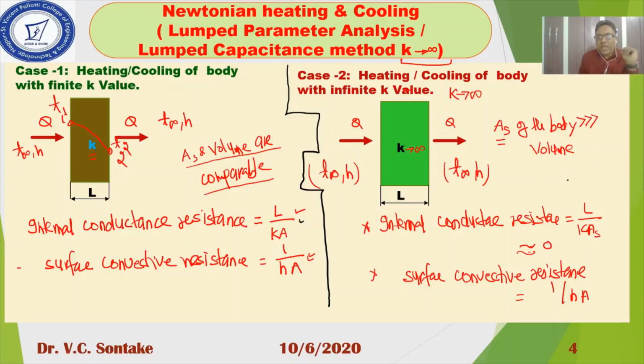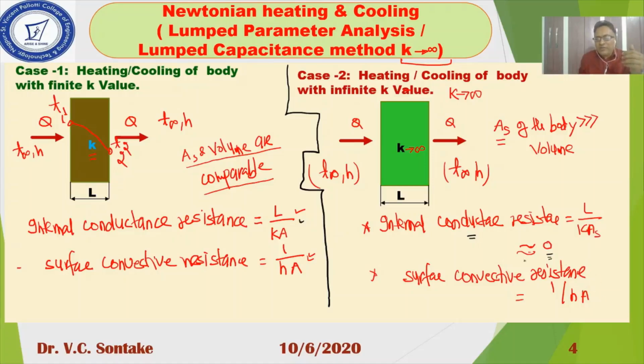And as a result of this, the internal conductance resistance of the material is almost zero, whereas convective resistance is offered by the surrounding fluid. Now, this internal conductance resistance is basically responsible for creating a temperature gradient within the surface of this body.